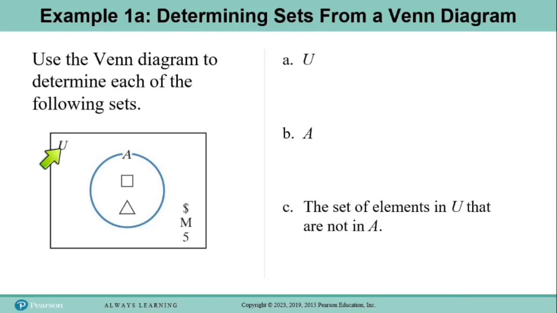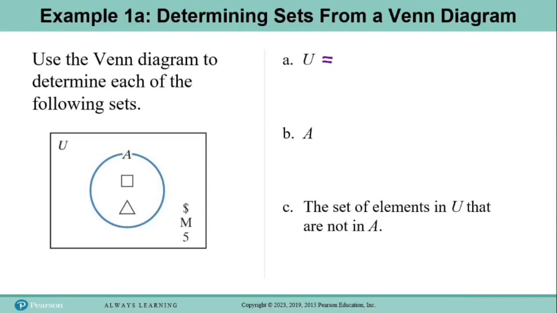This U is not an element in the set, but it is the label that tells us that this rectangle represents the universal set. And this A is also not an element, but it is just the label for set A, which is represented by this circle. These things here are all elements in the set. So everything that is an element inside the rectangle is an element in the universal set.